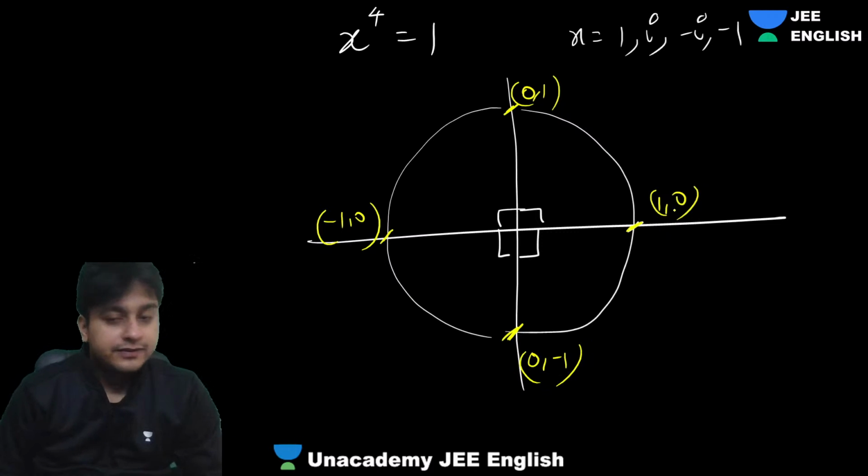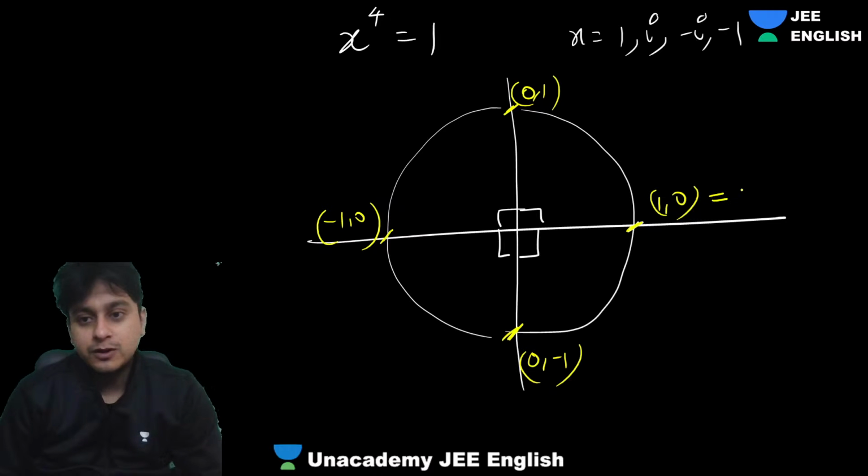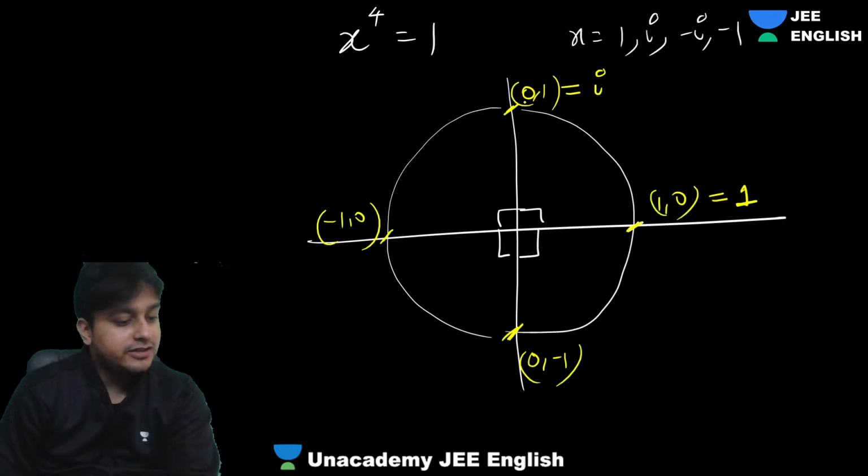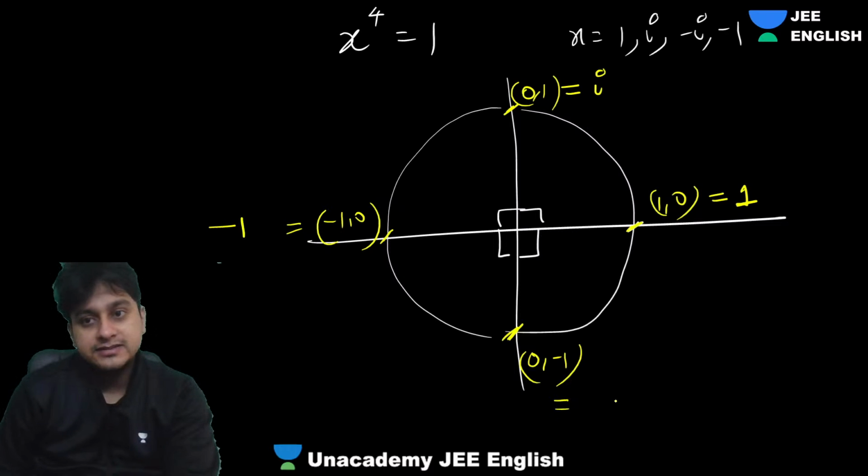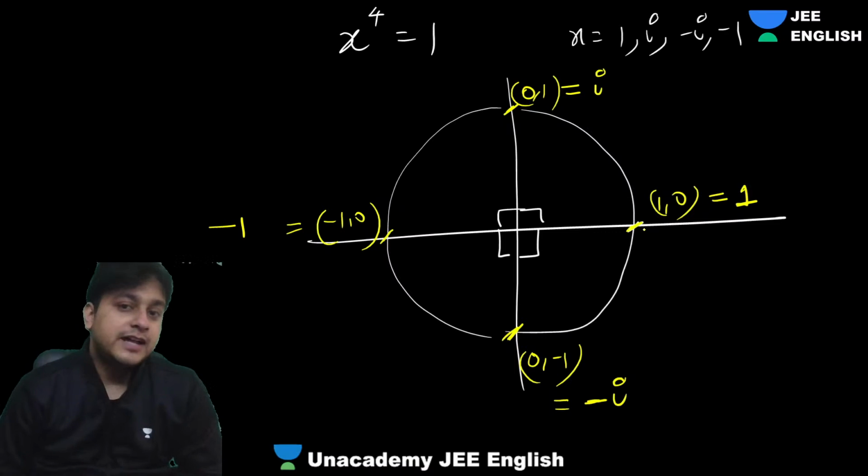This is the complex number 1, this is the complex number iota, this is minus 1, and this is minus iota. Understood? So that's what we have done here.